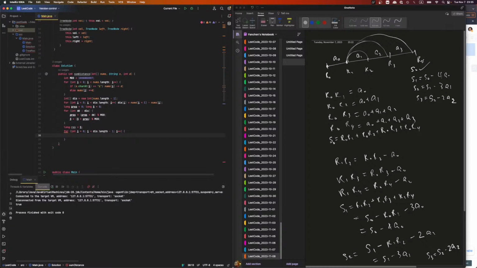Okay, so new s shall equal previous s minus something times this i. What is this? This shall be this dot length, 4, 1, 2, 3, 4, 4 minus i. That's the first one.